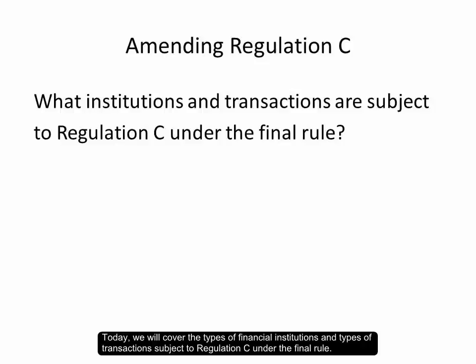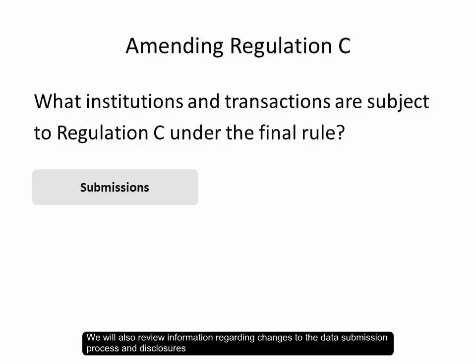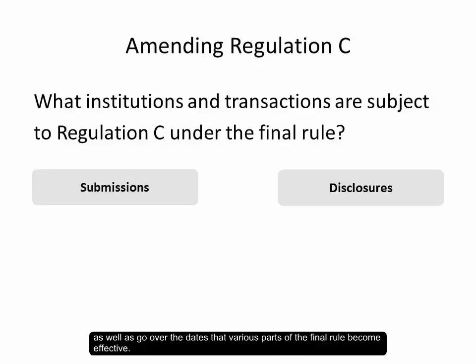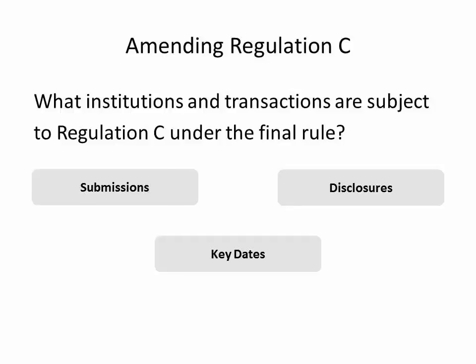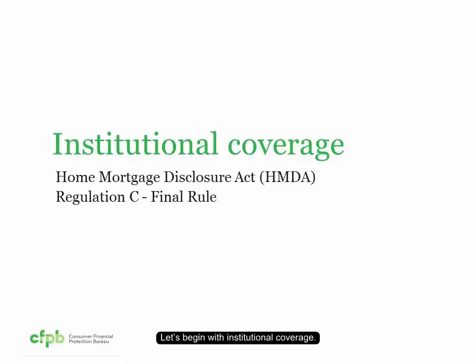Today, we will cover the types of financial institutions and the types of transactions subject to Regulation C under the final rule. We will also review information regarding changes to the data submission process and disclosures, as well as go over the dates that various parts of the final rule become effective. Let's begin with institutional coverage.